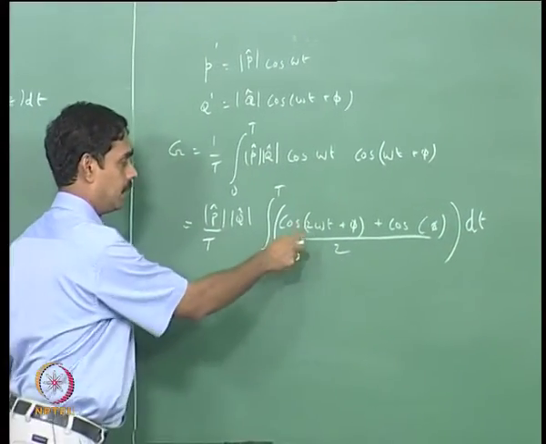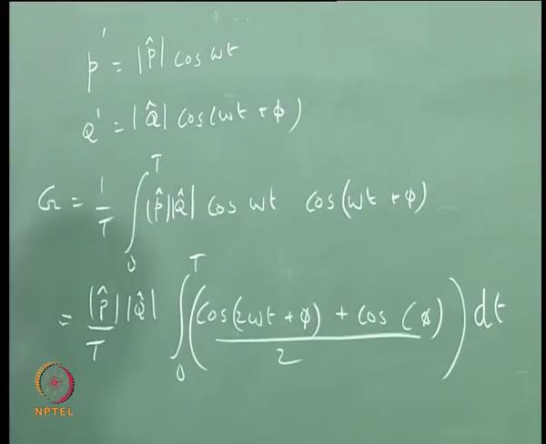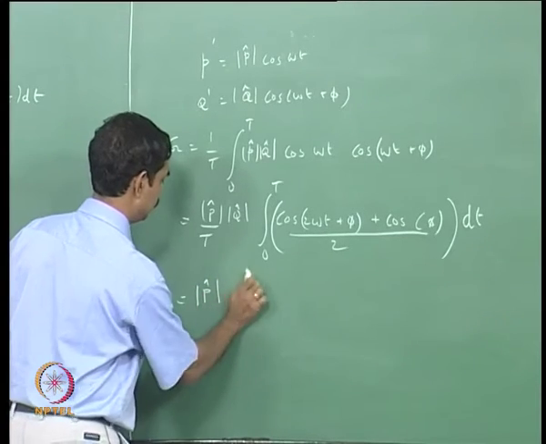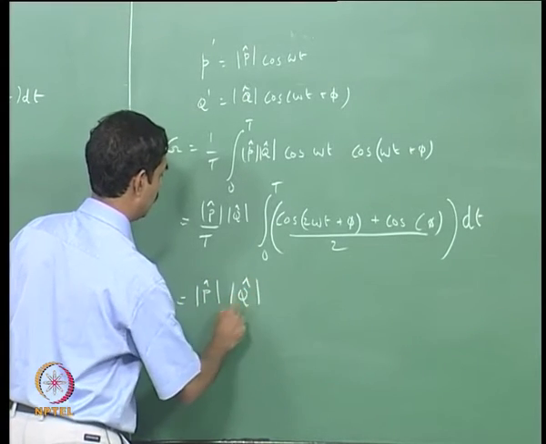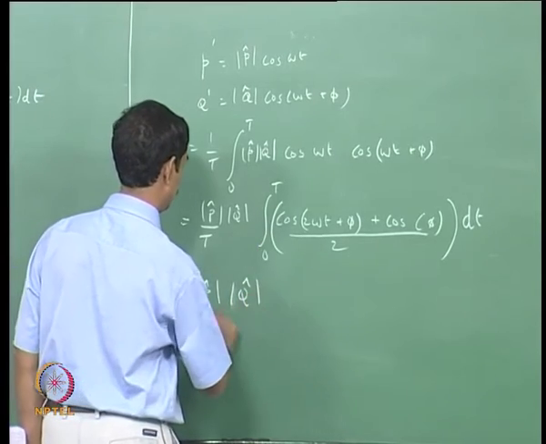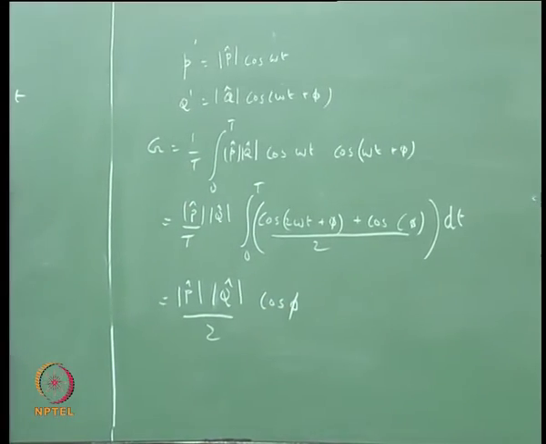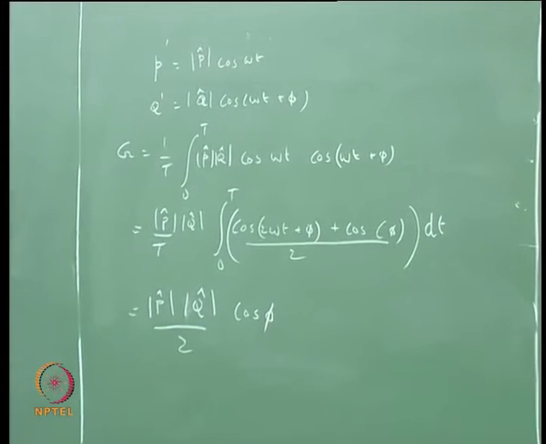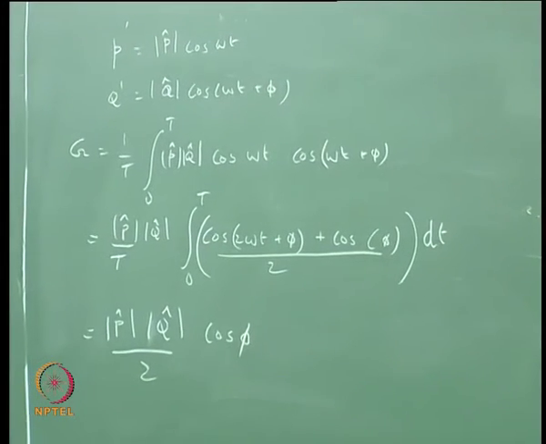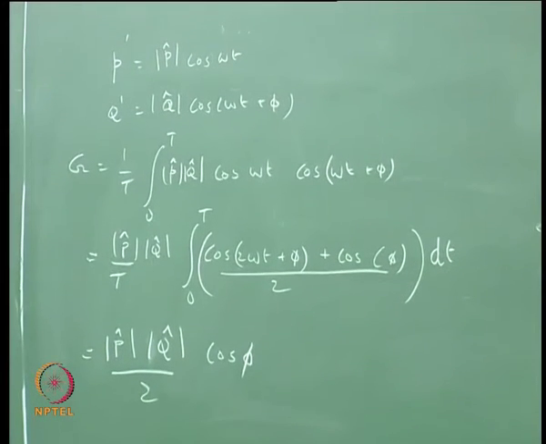This is a periodic quantity, so that will drop and you will have only this. So this will say P hat Q hat, and the T will cancel, so over 2 cos phi. So if cos phi is positive, you will have driving, acoustic driving. If cos phi is negative, you will have damping.